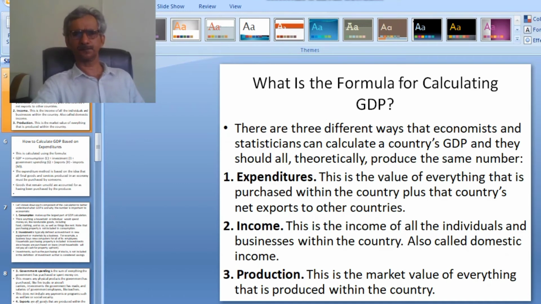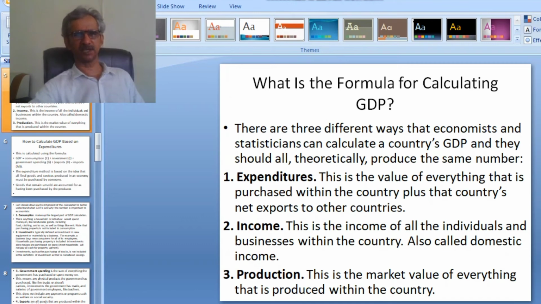Economists and statisticians use these 3 methods to calculate a country's GDP, and theoretically all 3 methods produce almost the same figures with a little bit of variation or deviation. These 3 methods are the expenditure method, the income method, and the production method. The production method is also called the value added method.